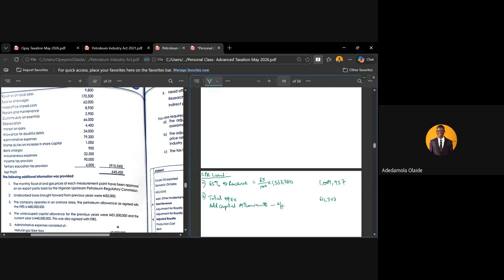The capital allowance balance is 51 million, then 45 million for the year. That's a total of 96,000.